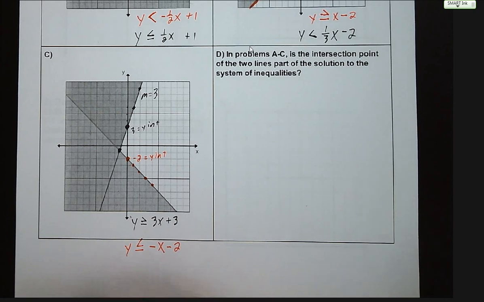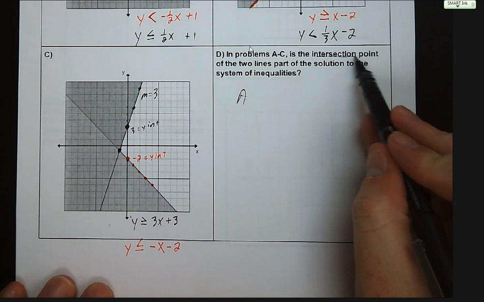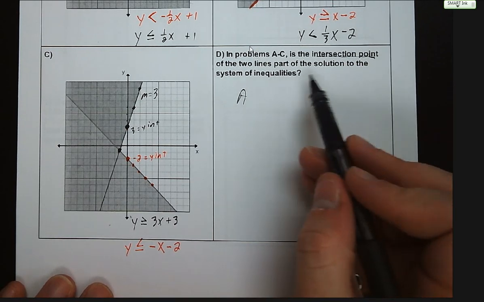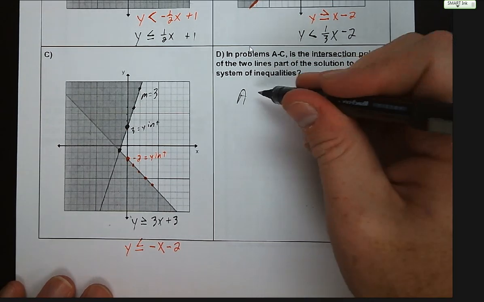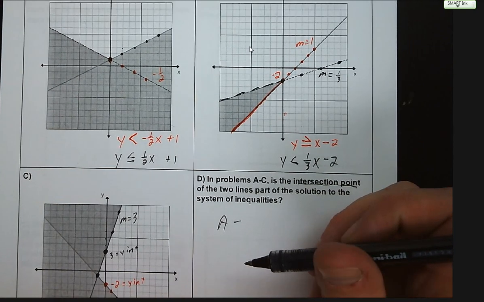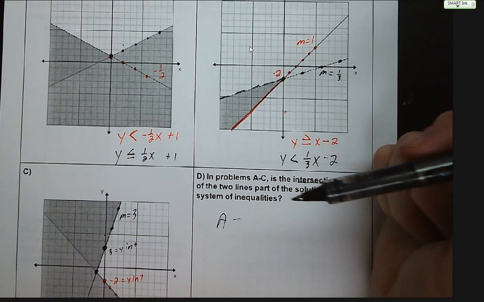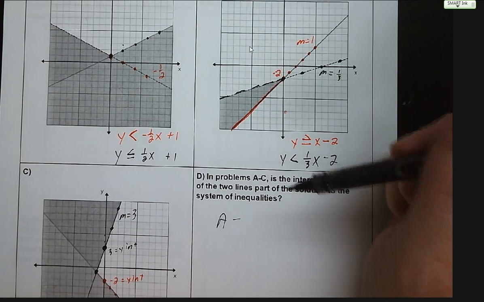Now letter D is asking us, in problems A through C, is the intersection point of the two lines part of the solutions to the system? So if we think about what I said about the definition of a system of inequalities, it was all of these points satisfy all of the equations.